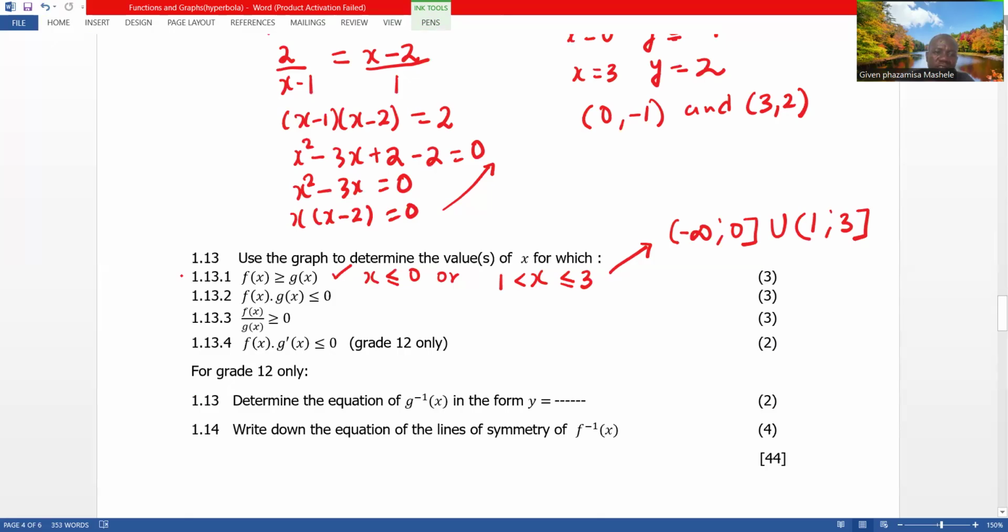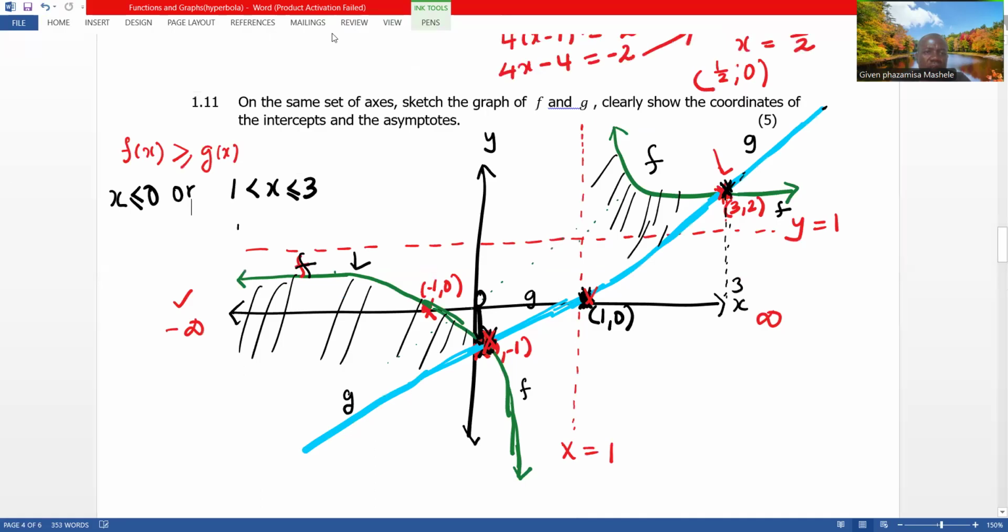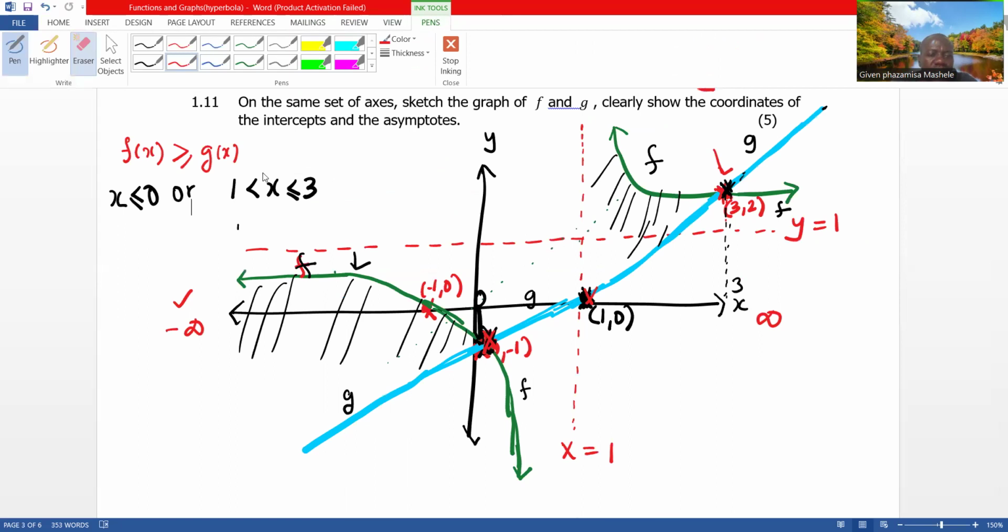So we've answered this question. Now let's move on to 1.13.2. It says where f of x times g of x is less than 0. So let's go back to our graph and explain this. I will erase the 2 because we have already answered the question regarding this.